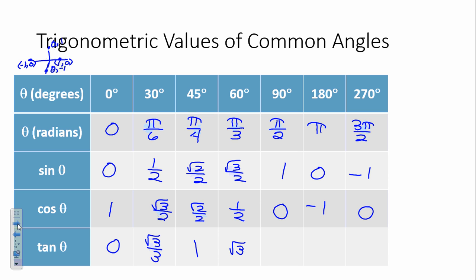Here's where it gets interesting. Is there such a thing as a tangent of 90 degrees? No, we can never divide by 0. This is undefined. Tangent of 180. Tangent of 270. Undefined, yep.